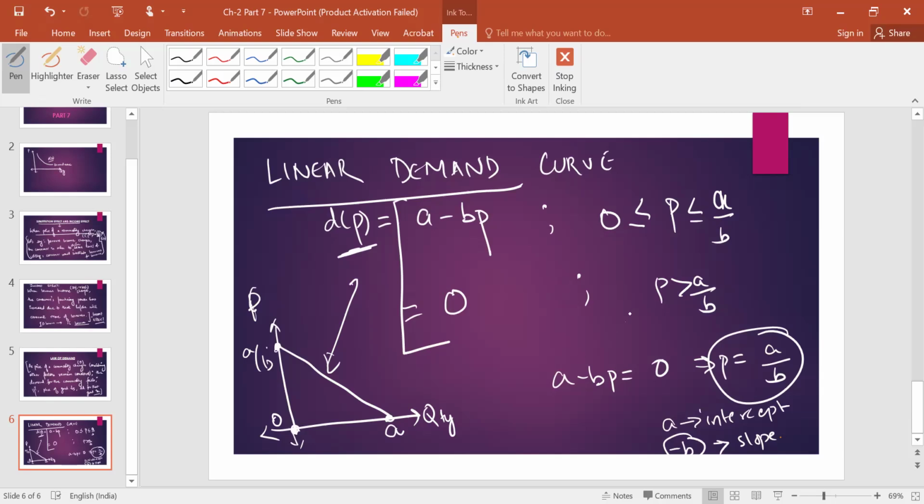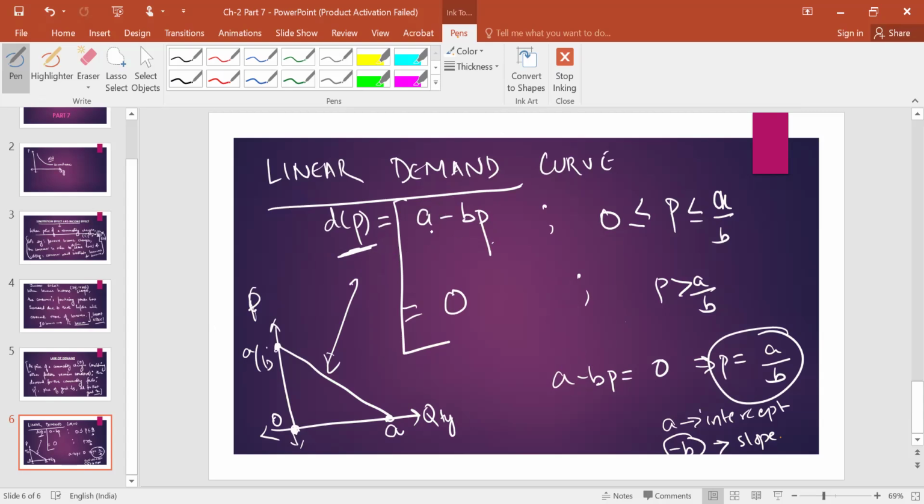We can also say that the slope of the demand curve states what the change in the demand is as the price of a good increases by 1 unit. So let's say this P increases by one, so the change in P is one. How would it impact the change in the quantity demanded? If price increases by one, the quantity demanded would fall by B units.